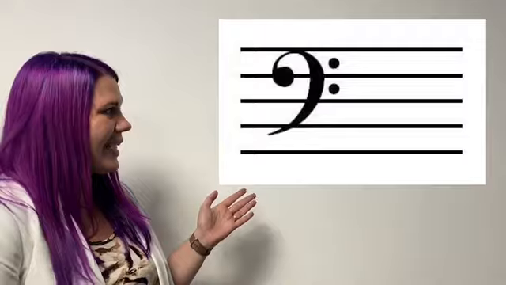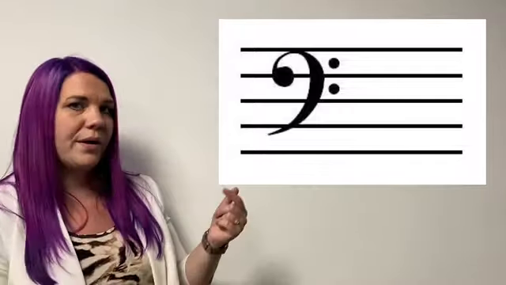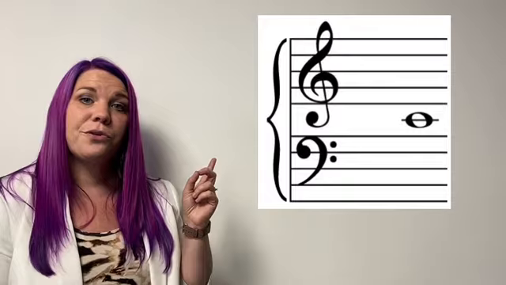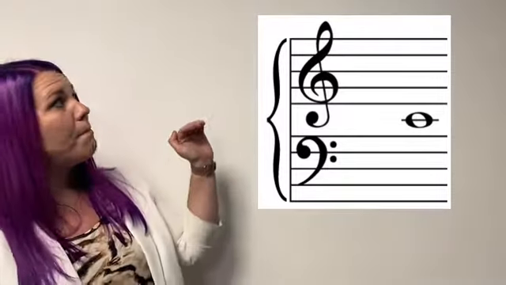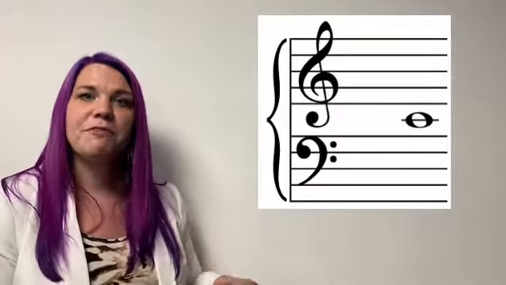So your bass clef here, the notes, the lines and the spaces, we're now moving downwards from our middle C. So our middle C, which we saw written at the bottom on that extra line in the treble clef, in the bass clef, looks like this. So you can see that it is a line just above the stave that takes you to the middle C. And then you have to move downwards.